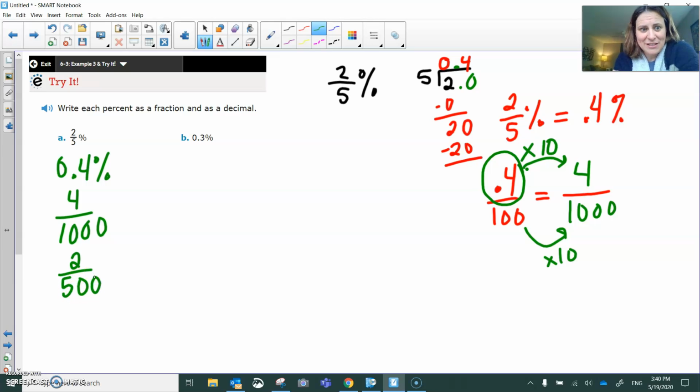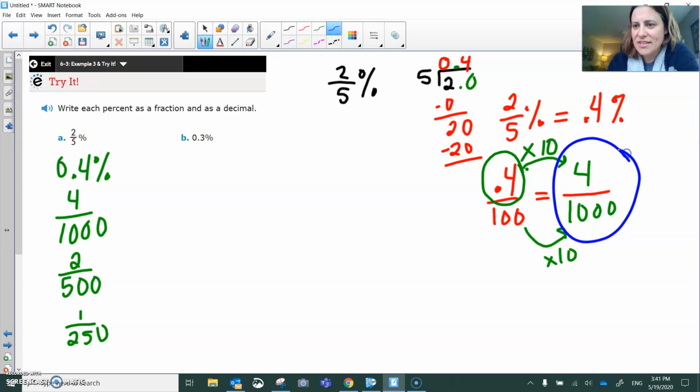Those are both divisible by 2. 2 divided by 2 is 1. 500 divided by 2 is 250. These are all different versions of fractions that are equivalent to 4/10 of a percent. And another way to read this is 4/1000ths.